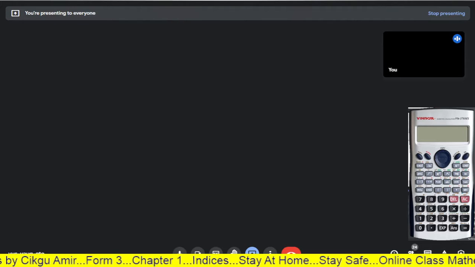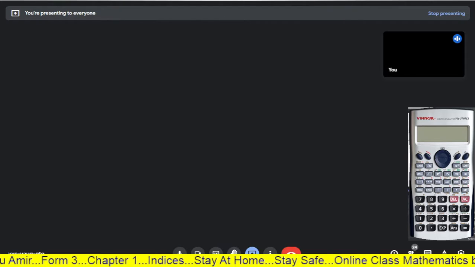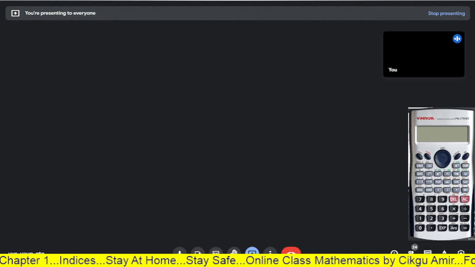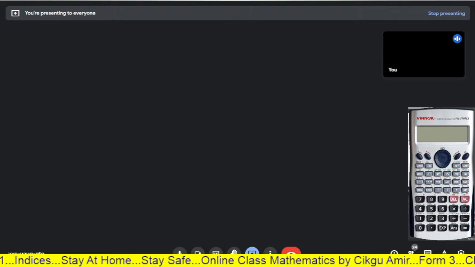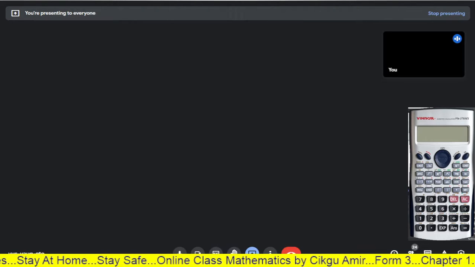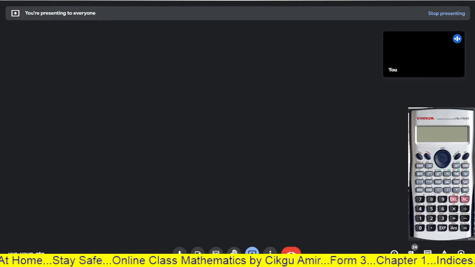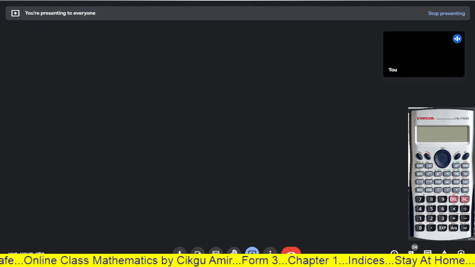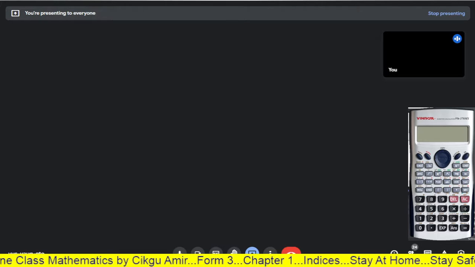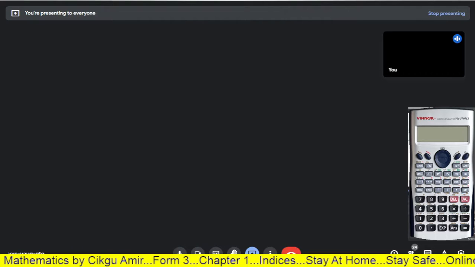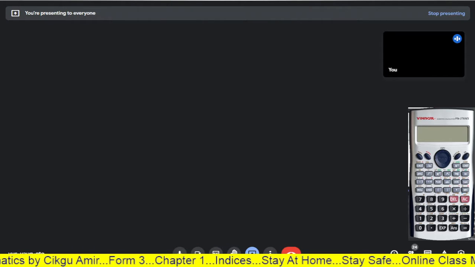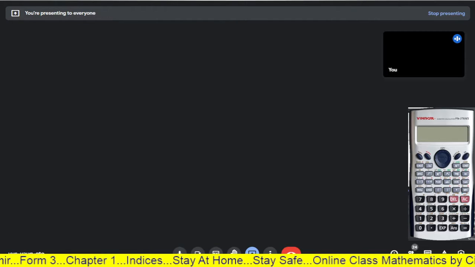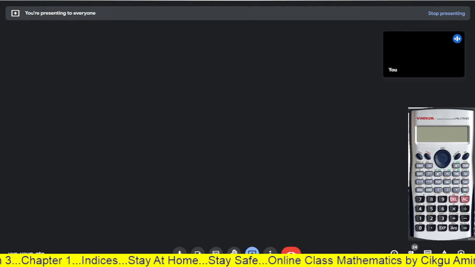First we do the division method. How to do the division method to change from a single number to index form? We have the number 64. So we do a repeat division. 64 divided by 2 gives 32.